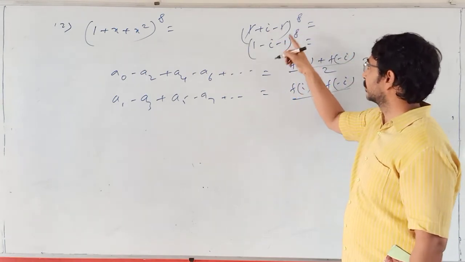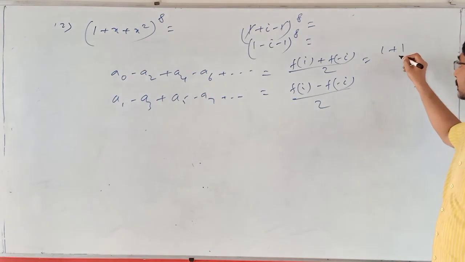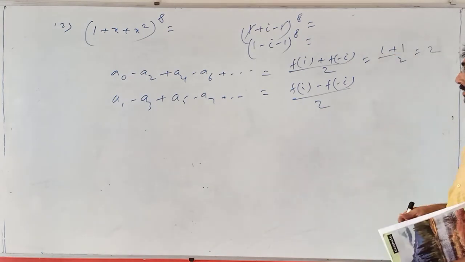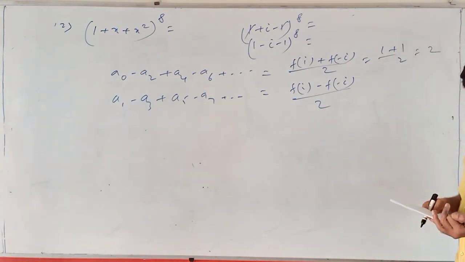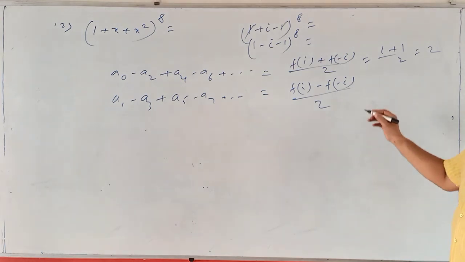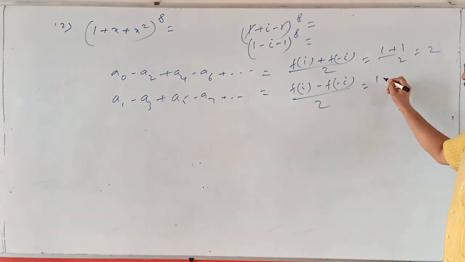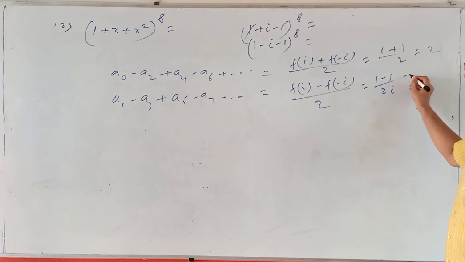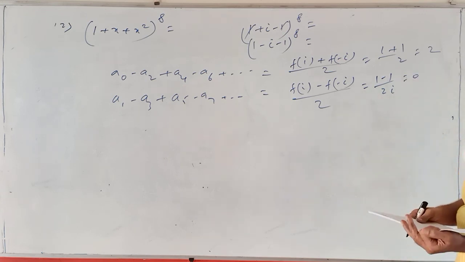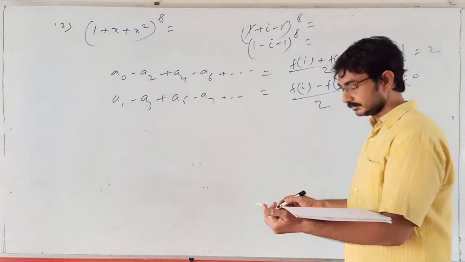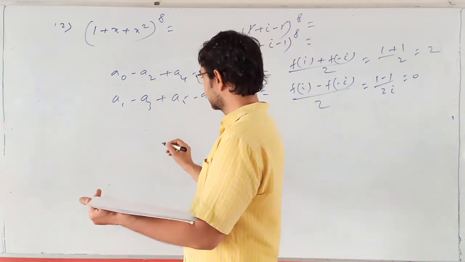So minus i whole power 8 is also 1. So (1 plus 1) by 2, 2 by 2 value 1 answer. So here (1 minus 1) by 2i equal to 0. Okay. Next.